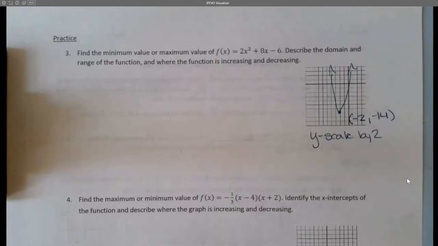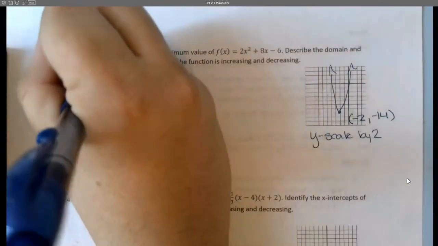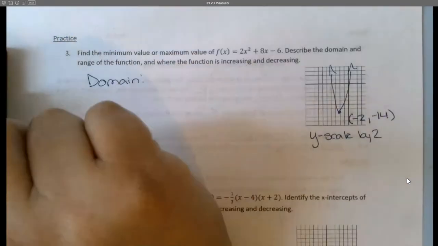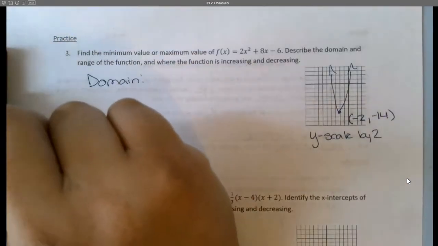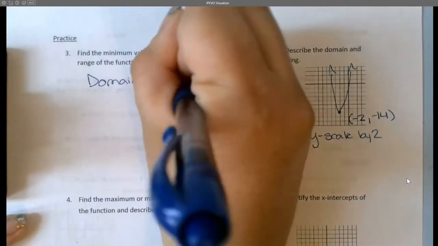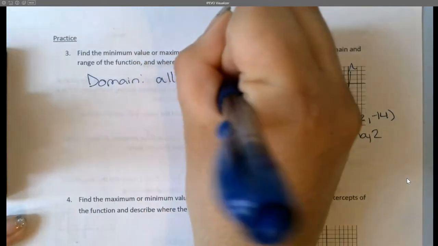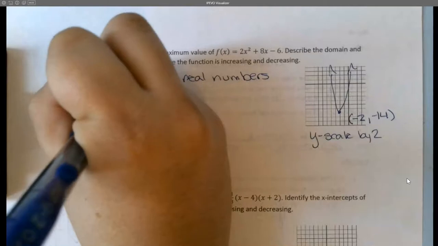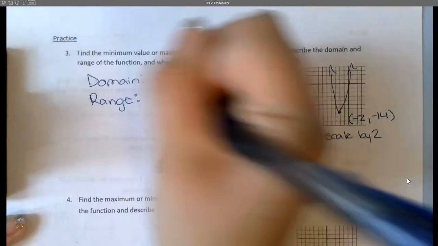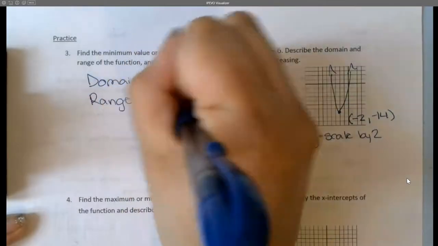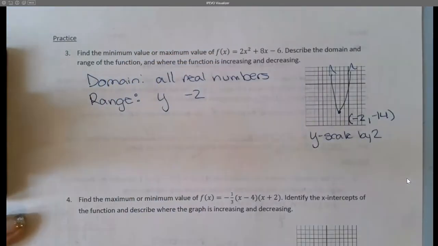So the domain and range here is, domain for all quadratic equations, so anything that has the highest exponent as an x squared will always be all real numbers. My range looks at my maximum or minimum value. In this case, I have a minimum value and it's -2. So those are those two pieces. Range goes with y and -2 is my minimum.